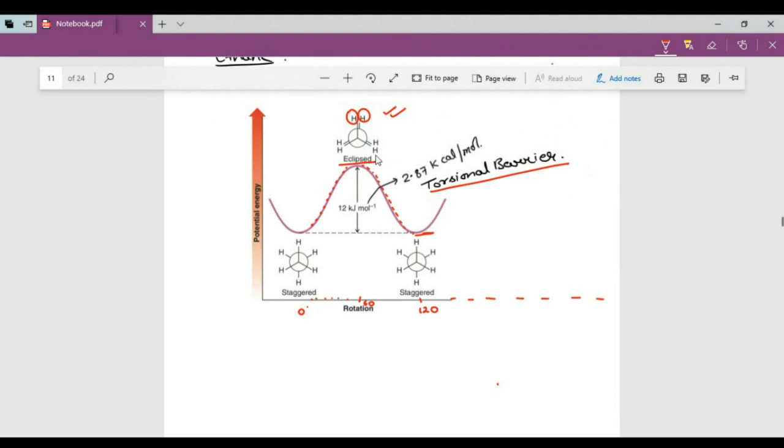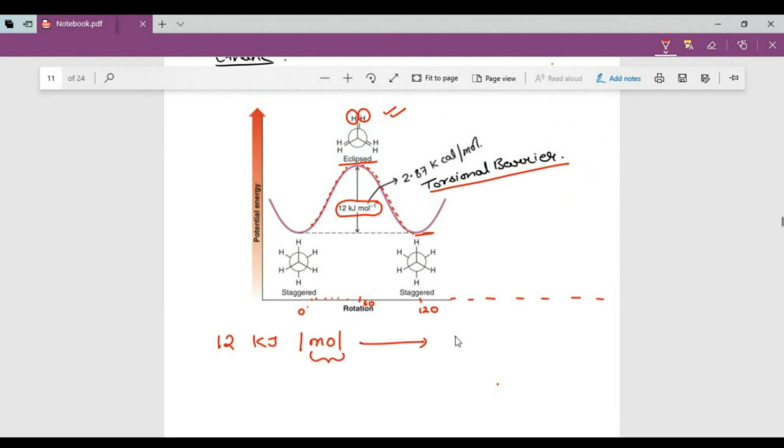Okay, torsional barrier is the energy difference between the most stable and the other conformers. In case of ethane, that value is 12 kilojoules per mole. And please note the word: 12 kilojoules per mole. What is mole?